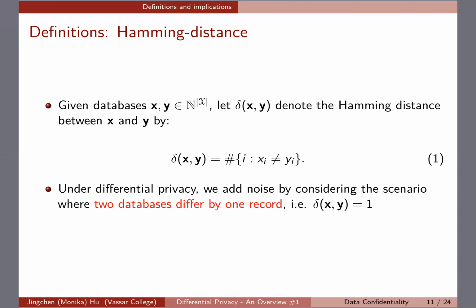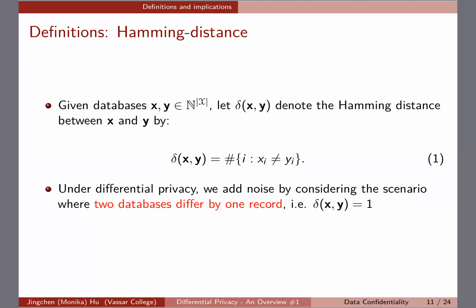So as you can see, we make the assumption that X and Y are the same dimension. So they all have, let's say, 4 variables, like in the CE example, and then they all have 1,000 observations. So they are dimension-wise exactly the same, but across the two databases, they only differ by one record.